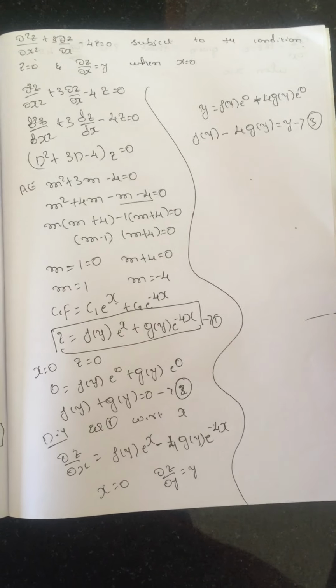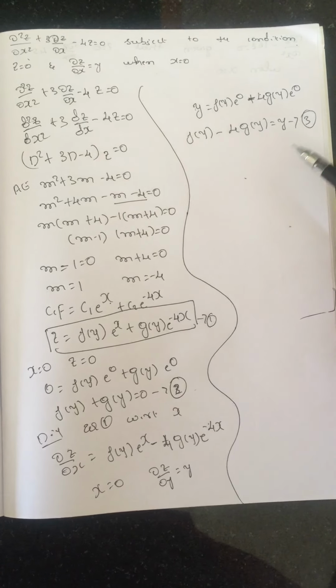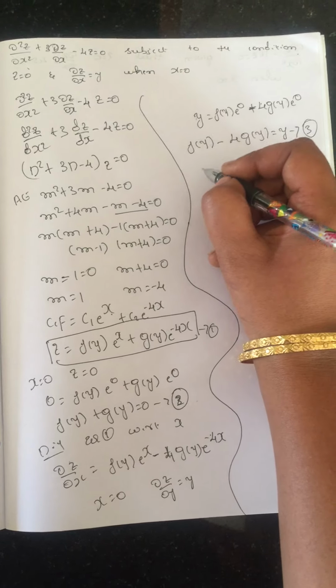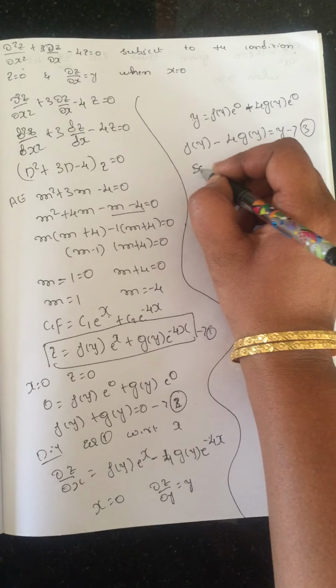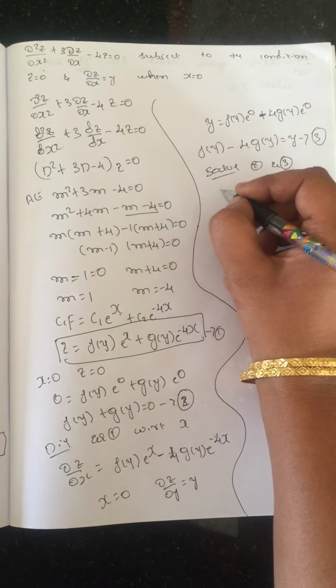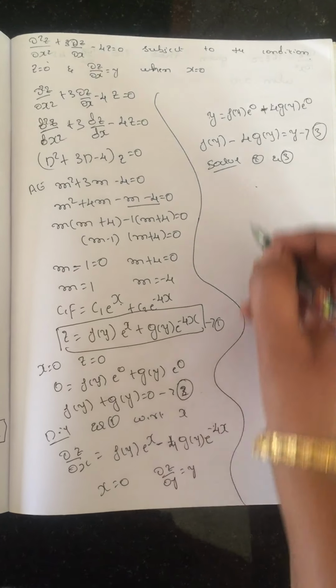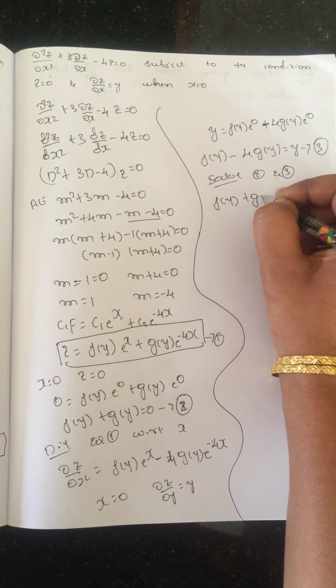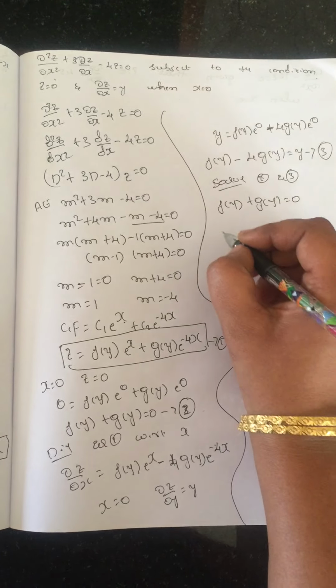Now, we get the relations. So, we need to solve equations 2 and 3 to find f(y) and also g(y). Therefore, now solve 2 and 3. Equation 2 is f(y) + g(y) = 0.